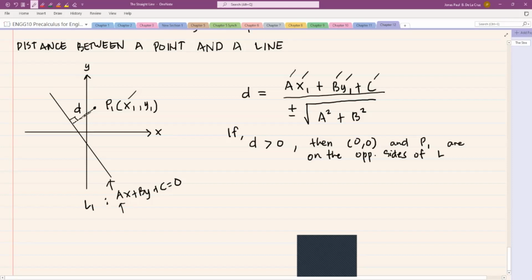So when it is positive, the origin and the point are on opposite sides. But if d is less than 0, meaning negative, then the origin 0, 0 and the point P1 are on the same side of the line L1.